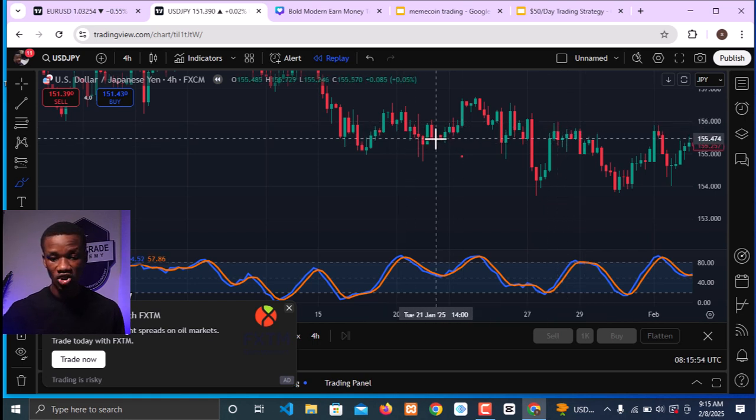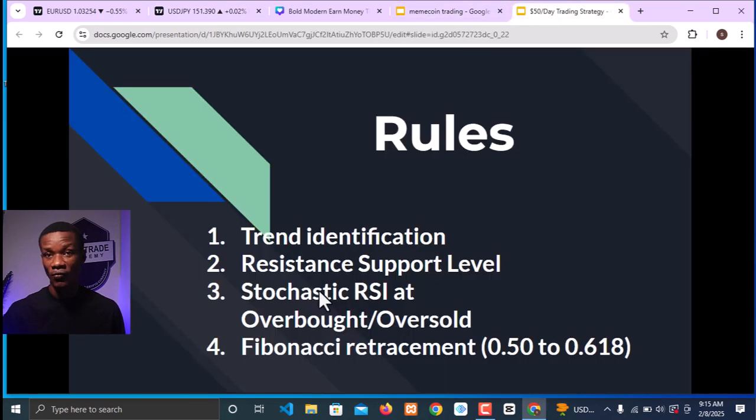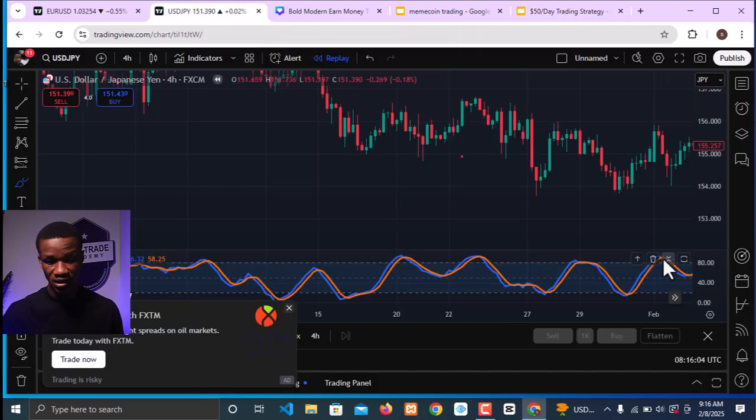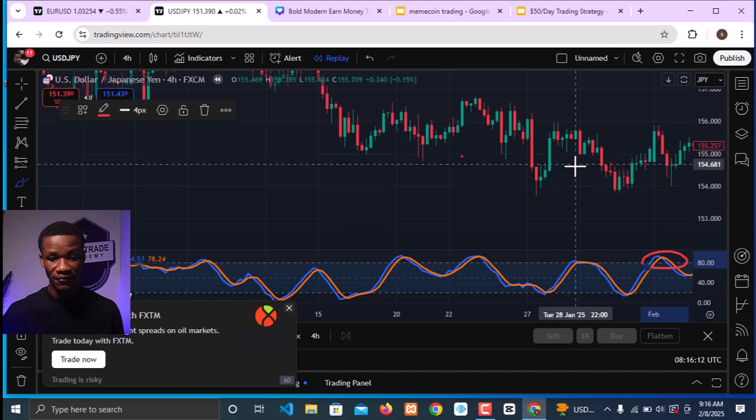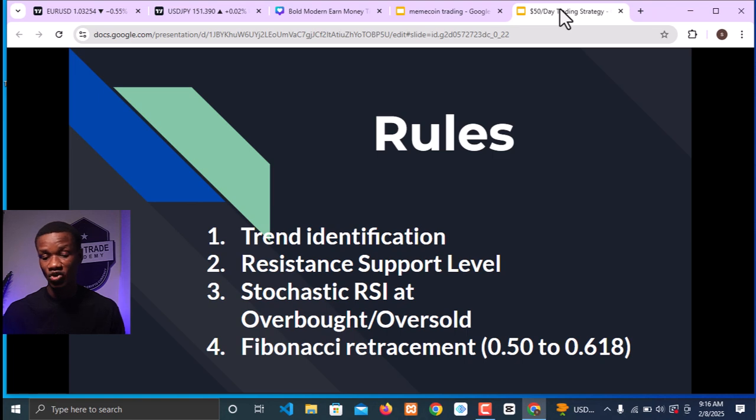Then the next thing we want to check is the third one, stochastic at overbought condition. If you look at this very point, the stochastic is at overbought condition. Being at overbought condition means that the market has the capacity of coming back down. And then what we want to see next is the Fibonacci come to the 0.5 and the 0.618 level.